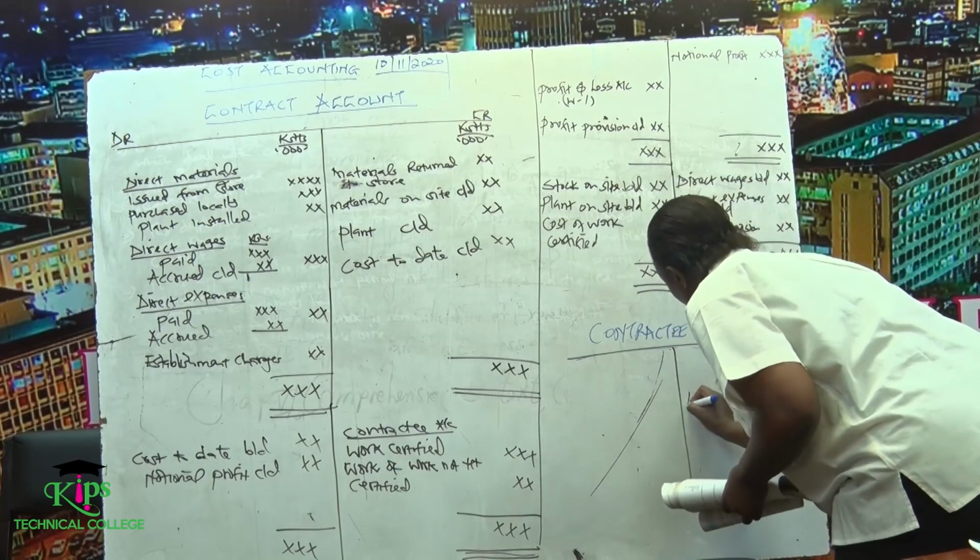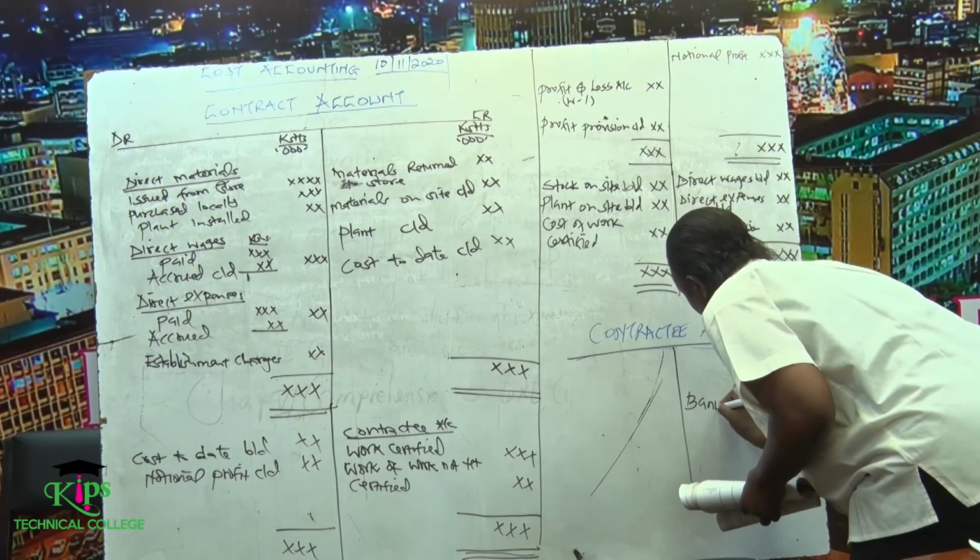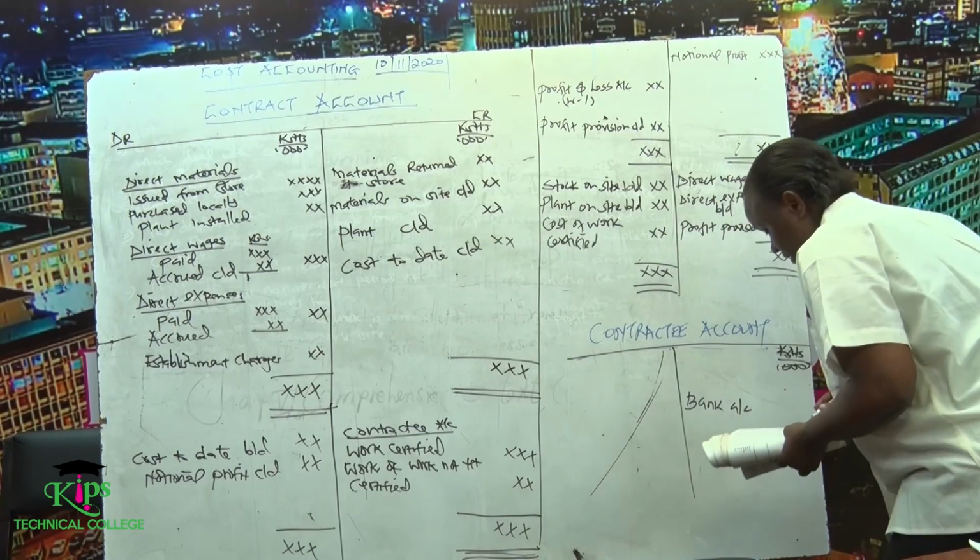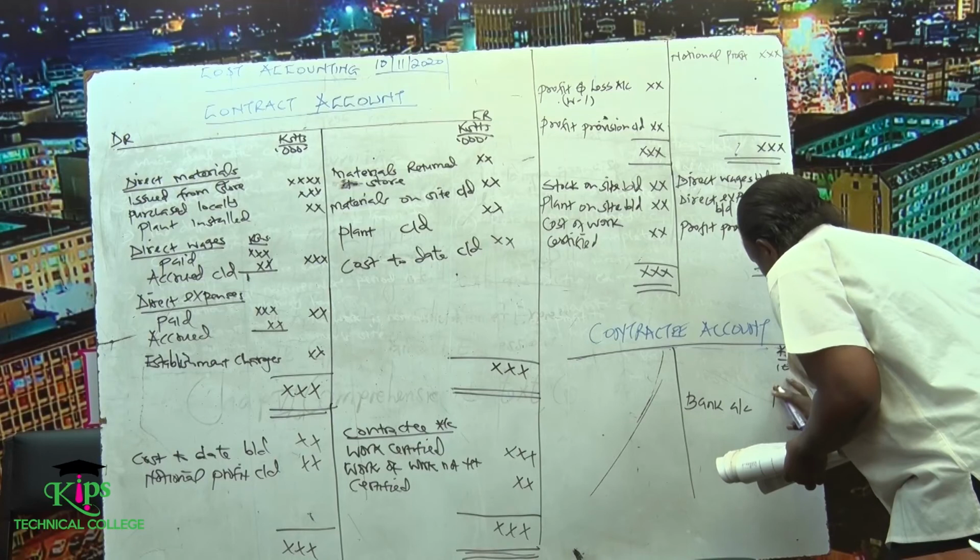We have the bank account, the amount which is in the bank account, and we record it on the credit side of the contractee account.